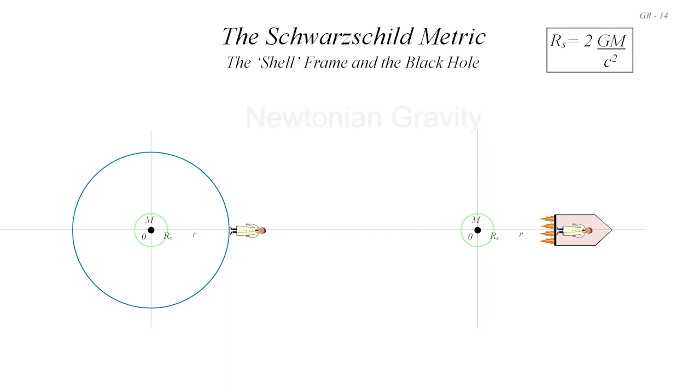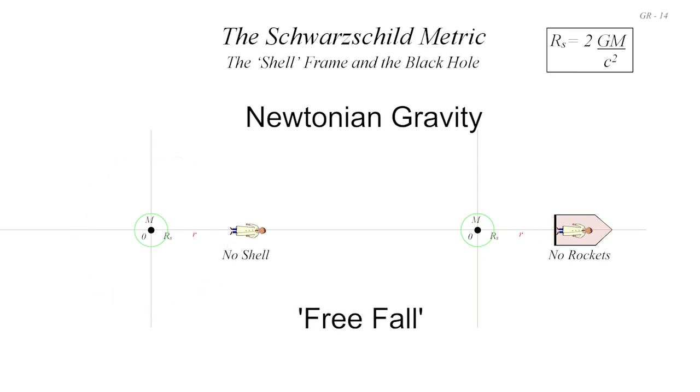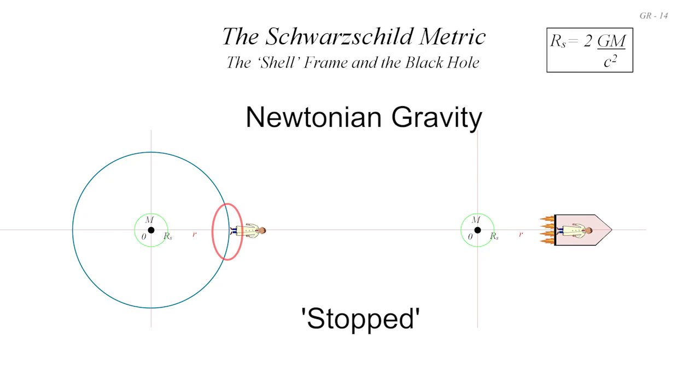Let me remind you, in Newtonian gravity, things are modelled in such a way that somebody in free fall towards a black hole is considered to be accelerating due to the force of gravity on them. If they are then stopped by the shell, or their spaceship switches on its engine so that the spaceship maintains a distance r from the black hole, they are considered to then be at rest.